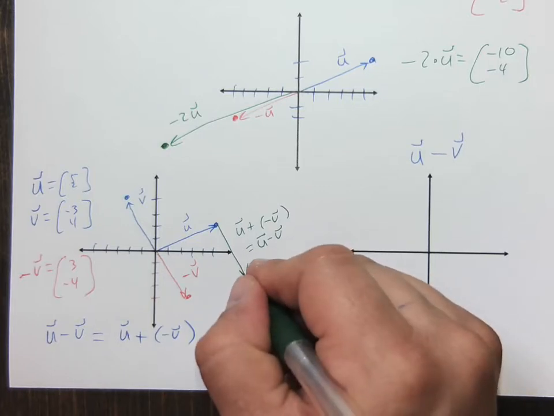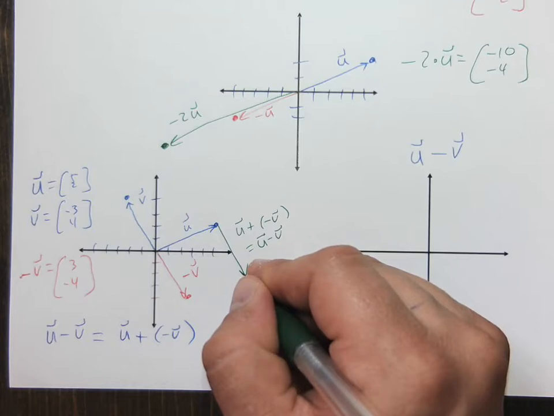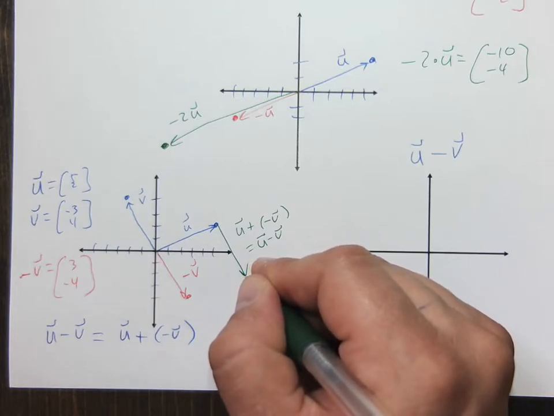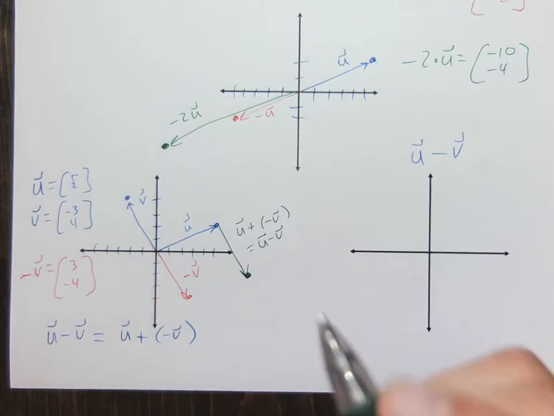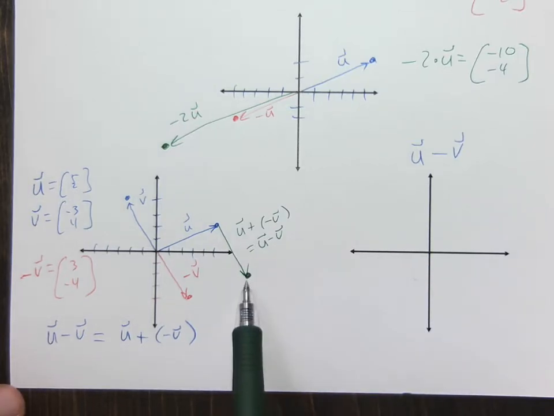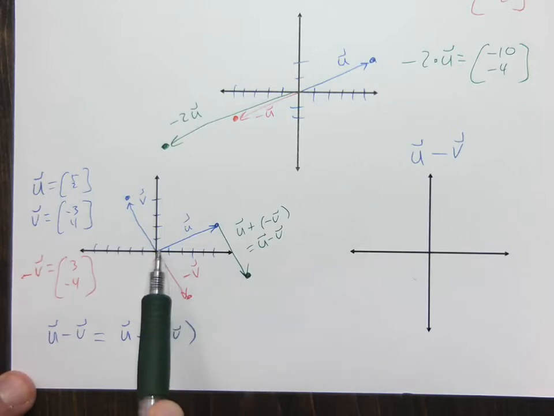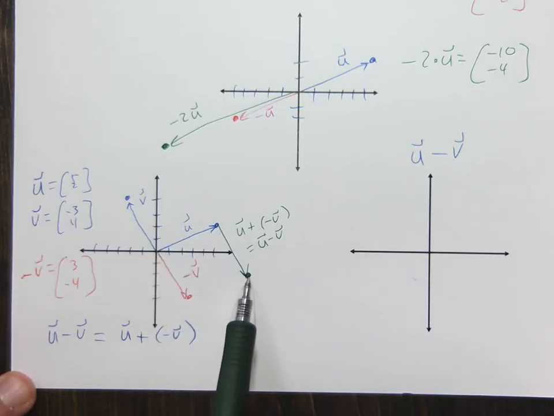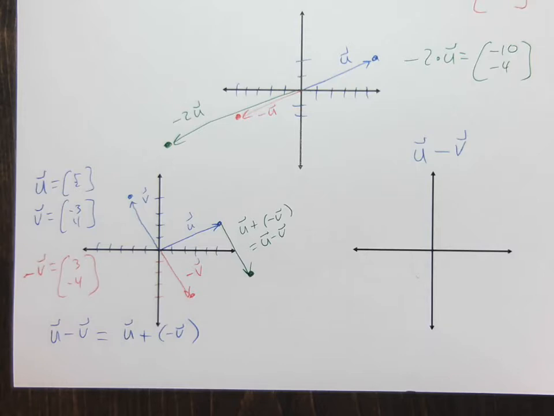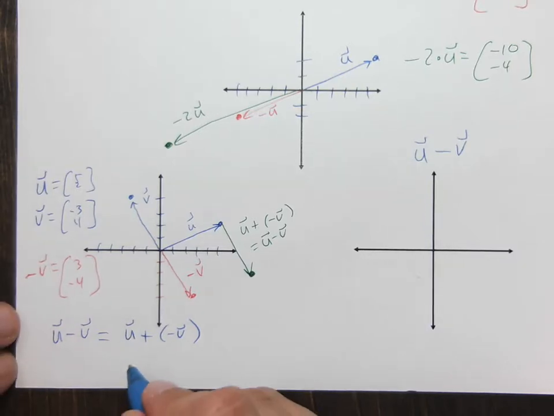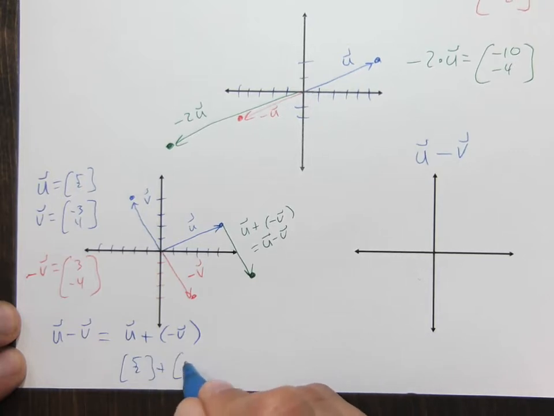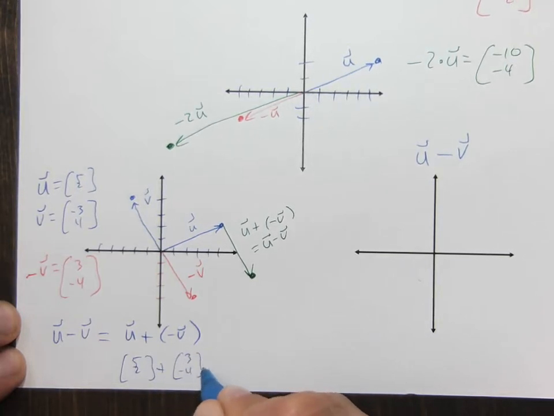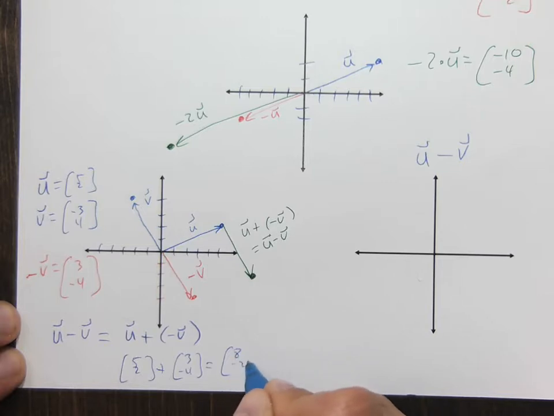Okay, so to this point. Did I do that right? It's not perfect, but you'll see. That point would be u plus minus v, and the vector would be the vector that points out to that value. And if we actually did the algebra, u minus v is going to be 5, 2 plus 3, -4, which is going to be 8, -2.